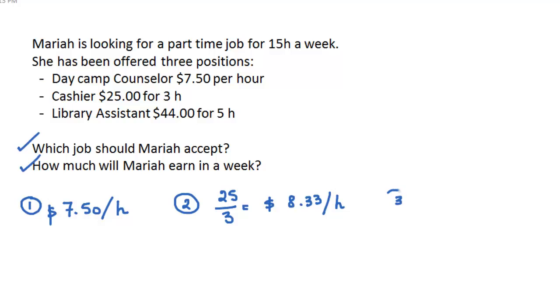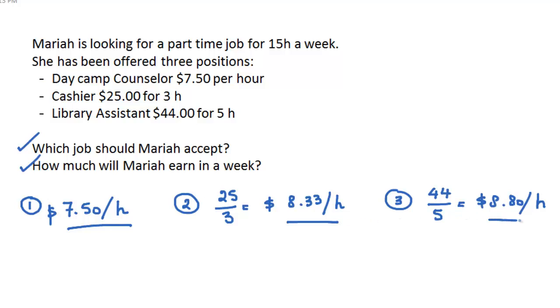And the third case, it's saying that if she will work as library assistant, she will get $44 per 5 hours. So again, I will take the $44, I divide it by 5 to get the rate per 1 hour. It will give me $8.80 per hour. If I compare, the first one is $7.50 per hour. The second one is $8.33 per hour.